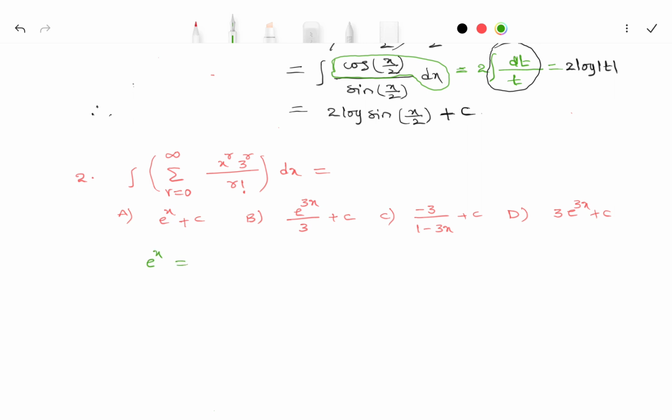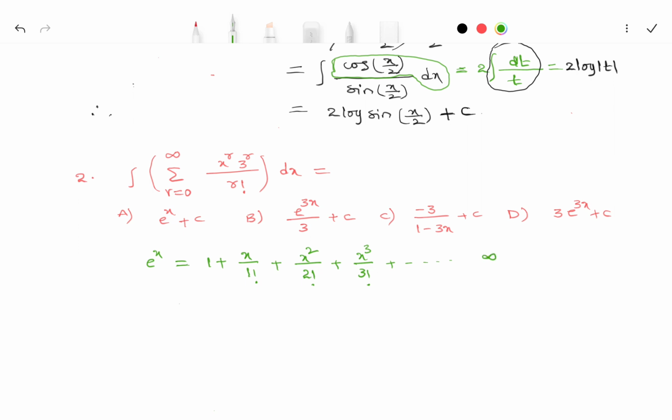The expansion of e power x is 1 plus x by 1 factorial plus x square by 2 factorial plus x cube by 3 factorial, and so on up to infinite terms.